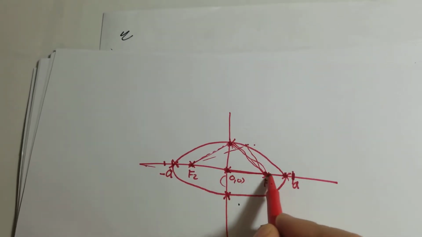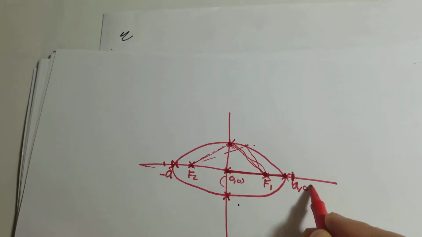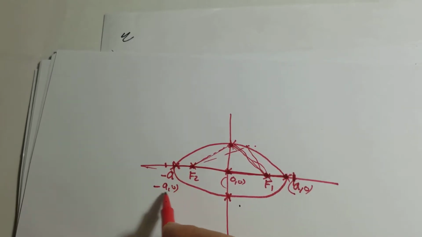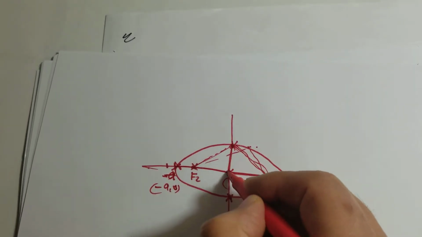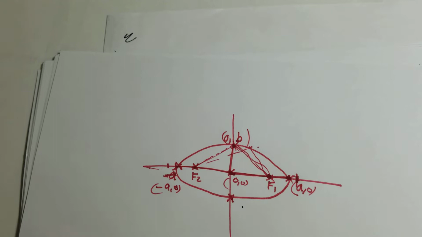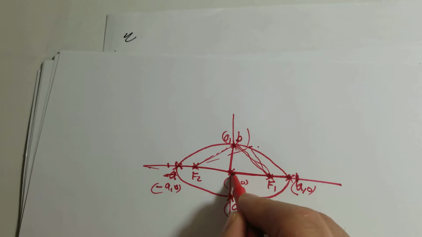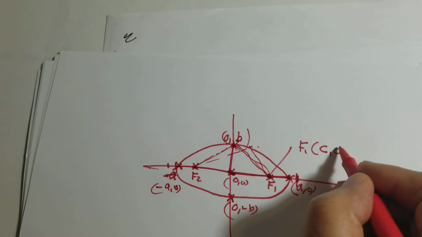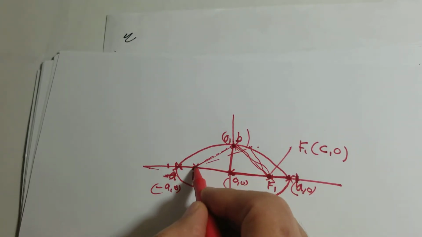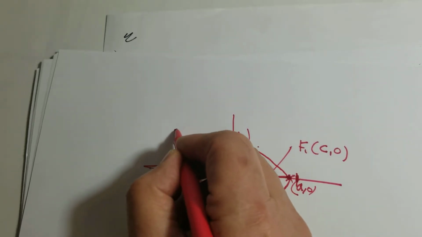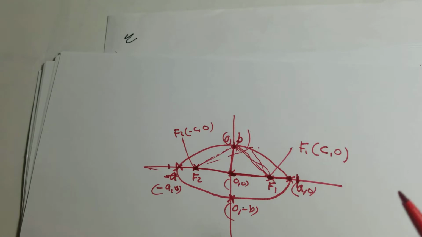Let's call the half of the major axis A. The other half is A, but because you go to the left, I put a negative A. Let's call this distance B, but the x is 0 because I started from the origin, and this is 0, minus B. The distance from the center to the focal point, I'm going to call C, and that is also C, but the distance from the center to both foci must be the same. Therefore, that F2 is negative C and 0.